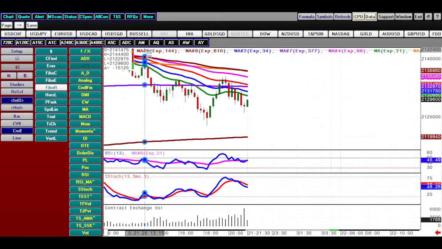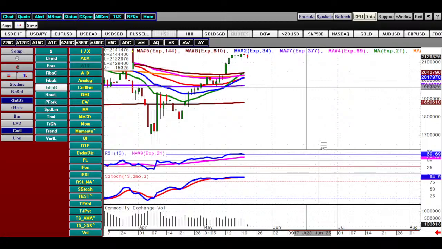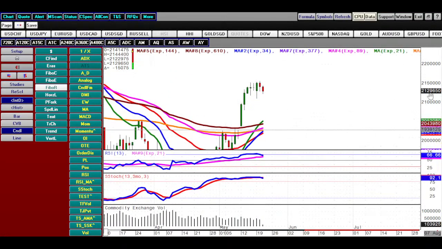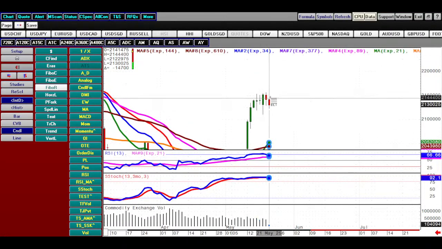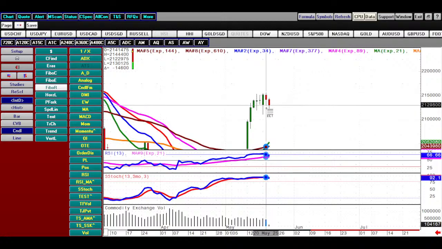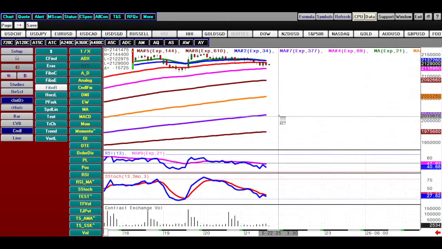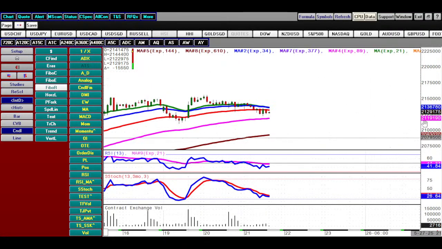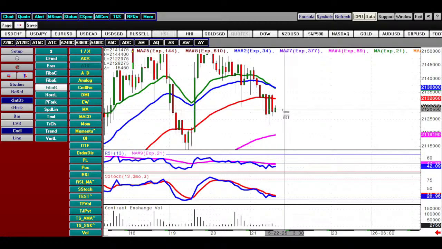Okay, so the Nasdaq today, we are seeing lower highs and lower lows, price is coming off. If you look into the 2 hour chart, I think this should be in a range trading.